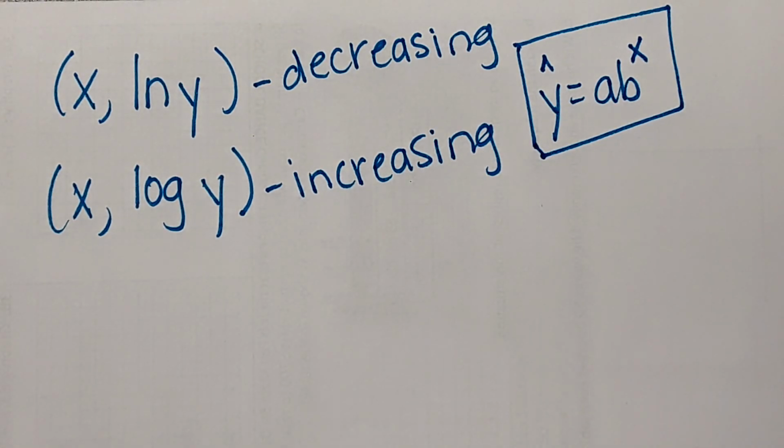And your x is your exponent in an exponential model. Does that make sense? That's how I always remember it. Every year when I go back to do this, I always think, okay, my exponential models, my x is my exponent, so that's why it's an exponential model.